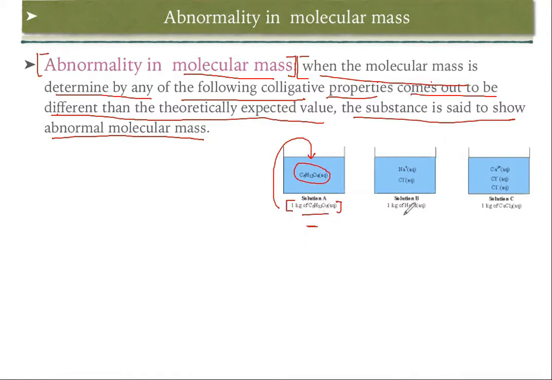Okay, now coming to the second picture, here 1 kg of NaCl is there. After dissolving this NaCl into the solution, they will form Na plus and Cl minus ions. So if you want to calculate the molecular mass using colligative property, the molecular mass will be different.